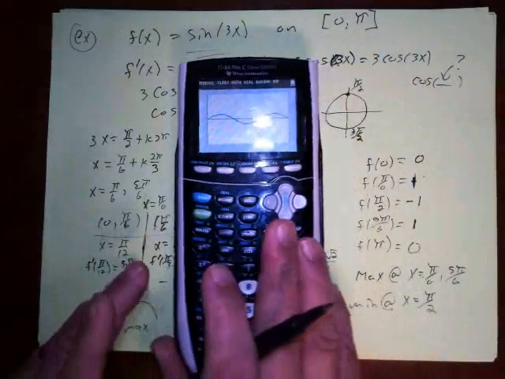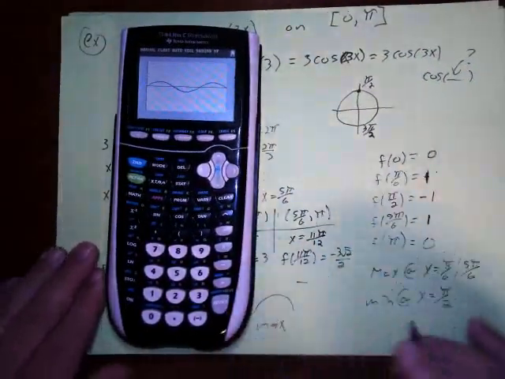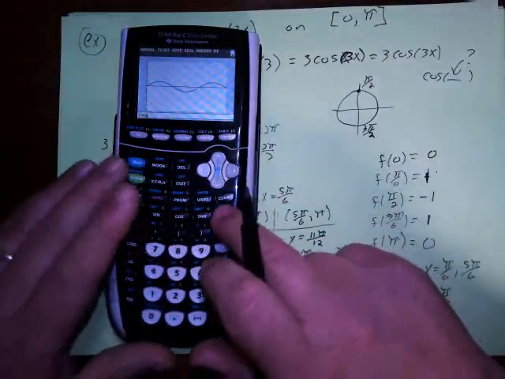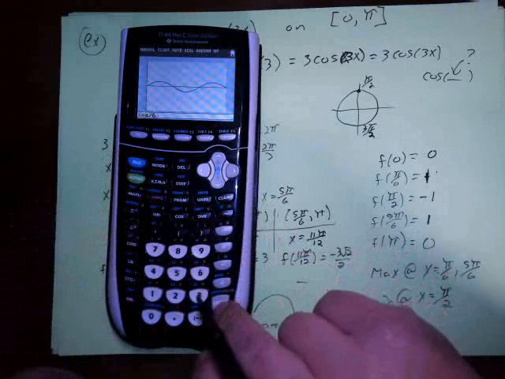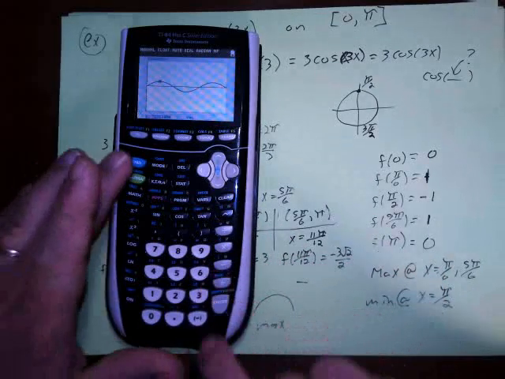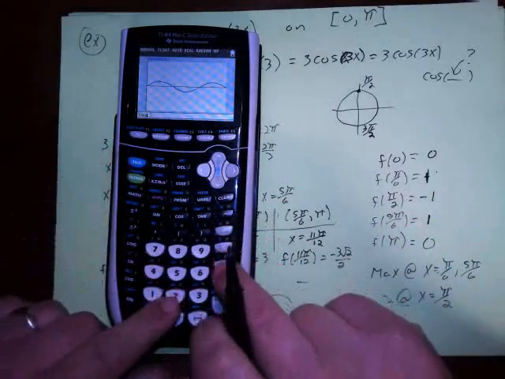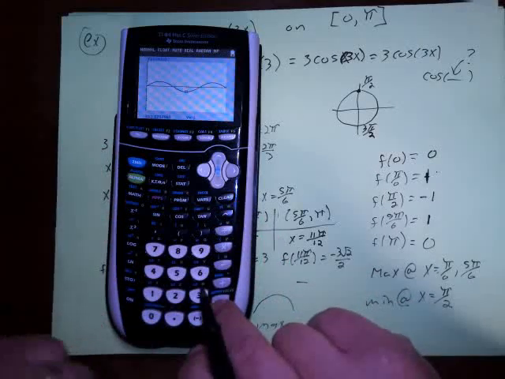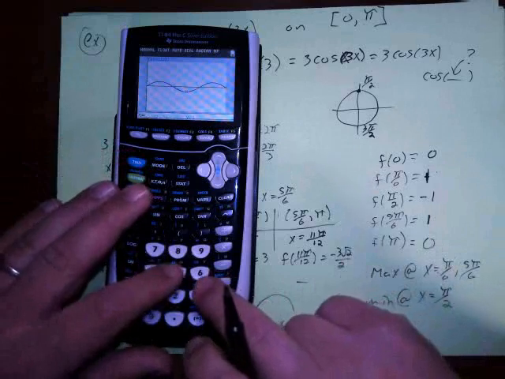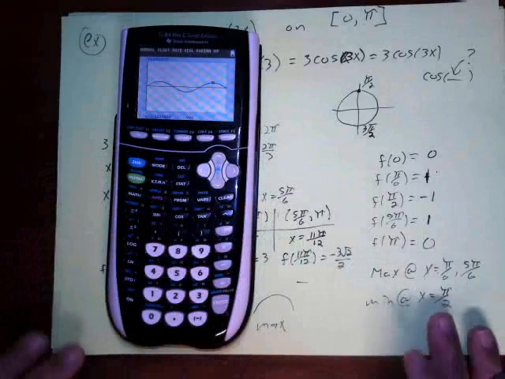Okay, so you should be able to see it there. So let's try pi over 6. So second calc, if I do pi over 6, let's check. That should be a relative and an absolute max, and it is. So this min should be pi over 2. Yep, and then the other max should be 5 pi over 6. There we go. So very good.